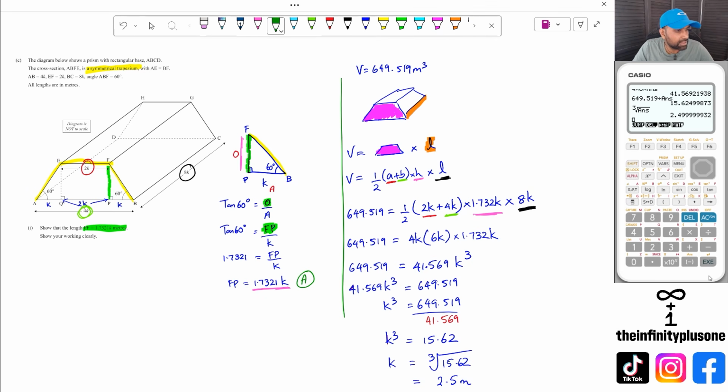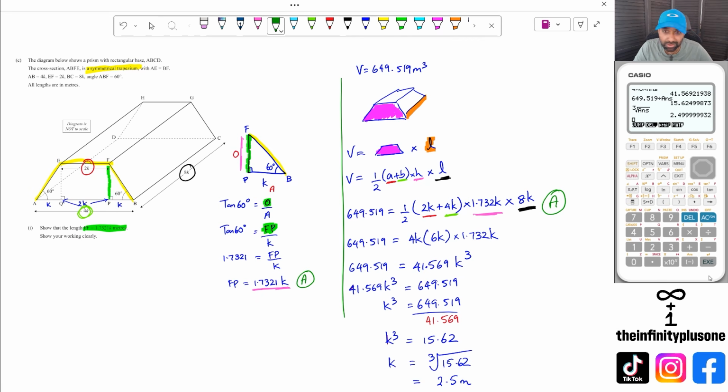Now grades-wise, correct expression for ABFE. Where is ABFE? That's the trapezium. It's kind of weird because I've done this all in one shot. If you set up this equation with sensible working from an incorrect answer, you could get an Achieved. Merit is if you get the wrong answer for k from a slight mistake, but you can still show the working and get a k.